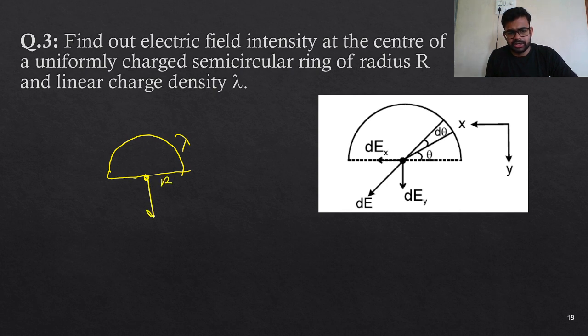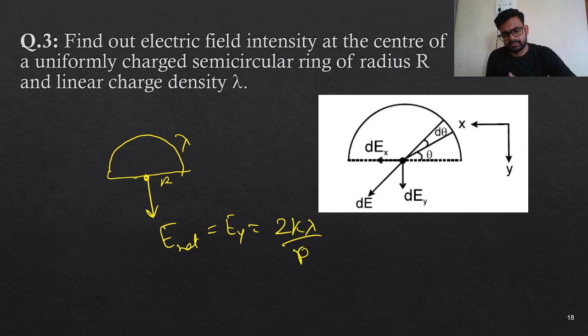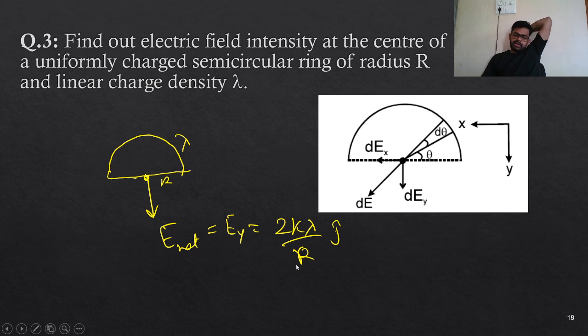At this point, Enet is equal to Ey, and that will be equal to 2k lambda by r, in the downward direction. I have considered positive y-axis downward, that's why I am writing positive j cap. So this is a simple thing.